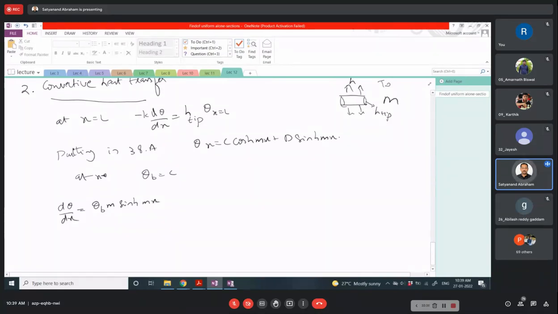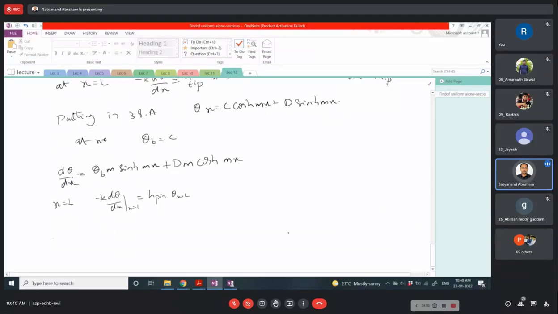In hyperbolic functions, there is no change to minus or plus. Plus d into m cos h mx. That is d theta by dx. Therefore, at x is equal to L, minus k d theta by dx at x is equal to L is equal to h tip into theta at x is equal to L.